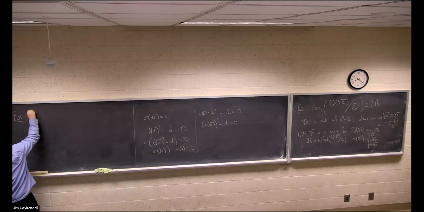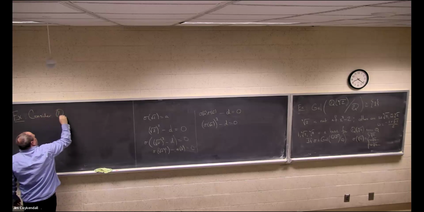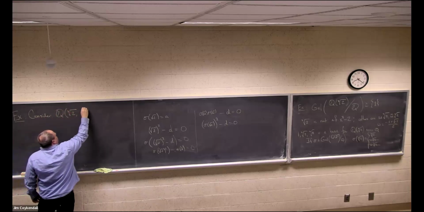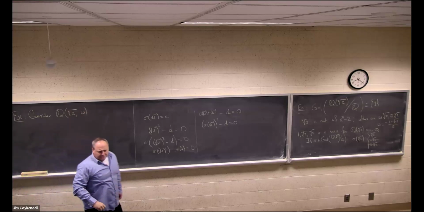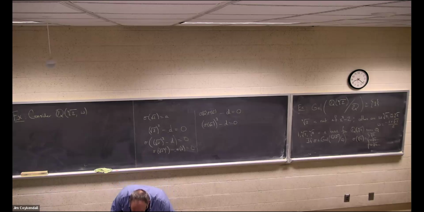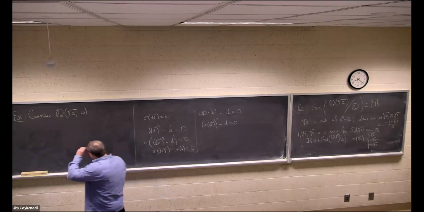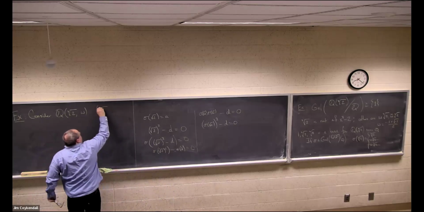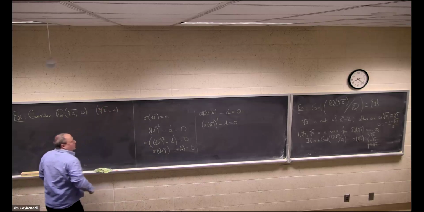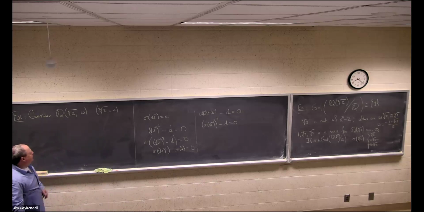Consider Q(cube root of 2, omega). And this I will probably sometimes call Q(alpha, omega), so I don't have to write it out all the time.